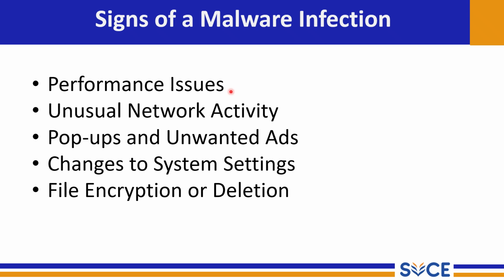Next, unusual network activity: a sudden and unexpected increase in network traffic, particularly outbound traffic, could mean your machine is communicating with a C2 server or participating in a DDoS attack. You may also see unusual DNS queries or connections to suspicious IP addresses.